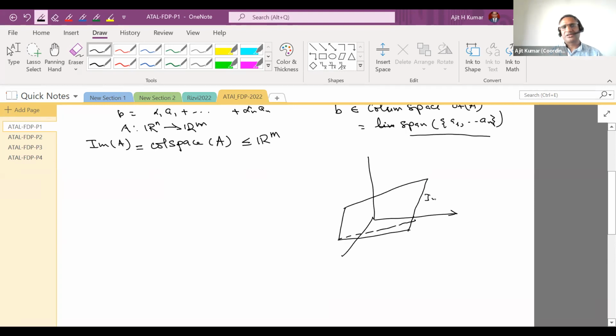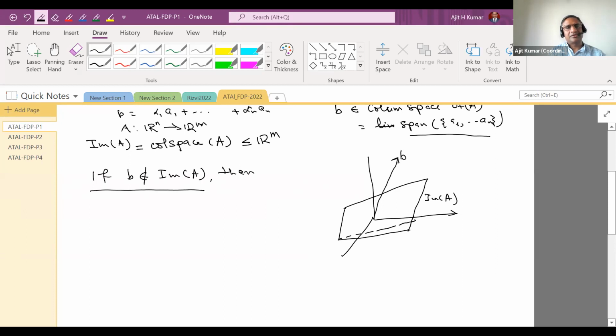So this is my image space of A. And in case B lies in the image space of A, this has a solution. Otherwise, this is what will happen. So let us say B is this vector and it is not in the image. If B does not belong to the image of A, then what is the question that we can ask?